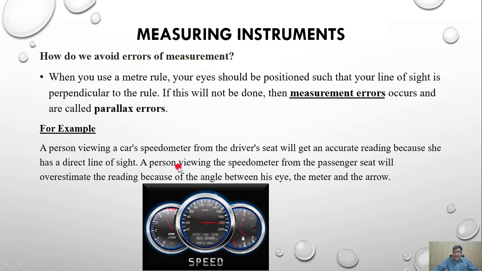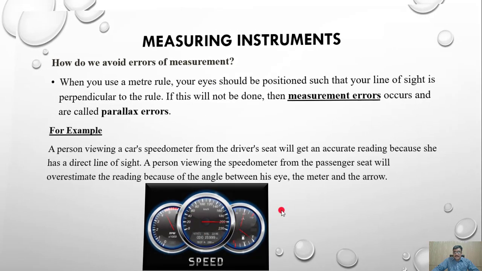And the person who is viewing the speedometer from the passenger seat will overestimate the reading, because the angle between his eye, the meter, and the arrow may give an inaccurate value. For example, a person sitting here in the passenger seat and watching from here might get an incorrect measurement.